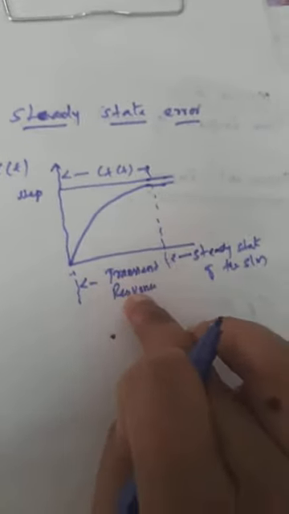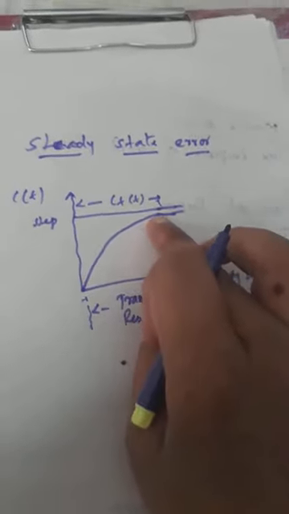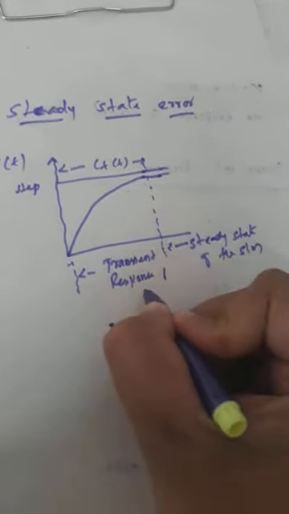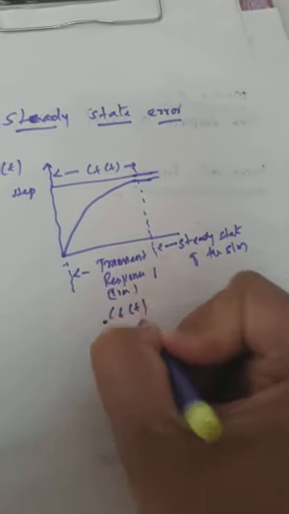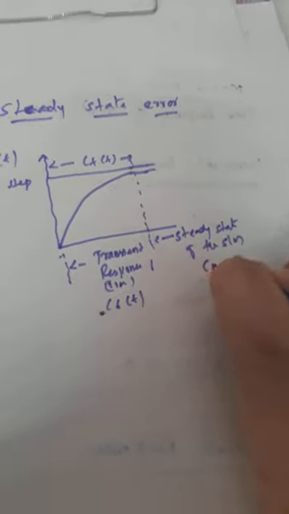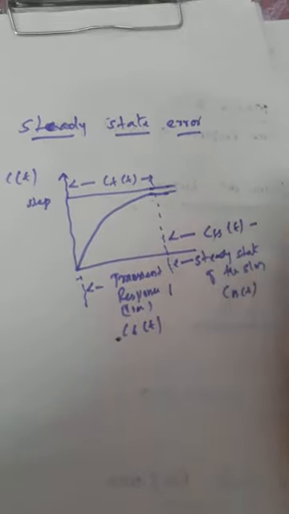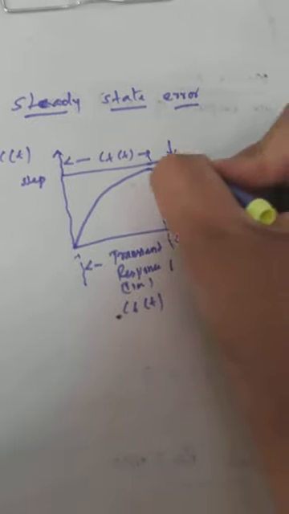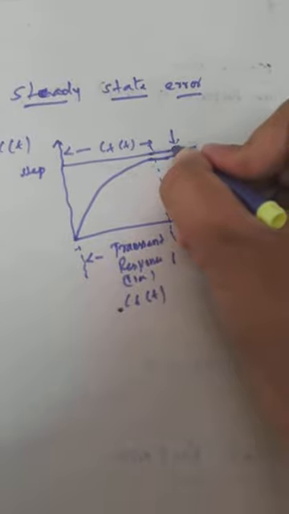The transient response is the response taken to reach its final value, and up to this point I have referred to it as the transient response, again in terms of time only. So this is Ct(t) and this is Css(t).